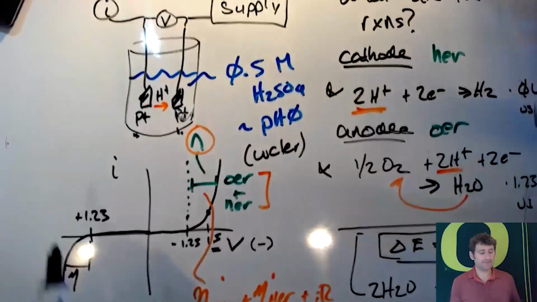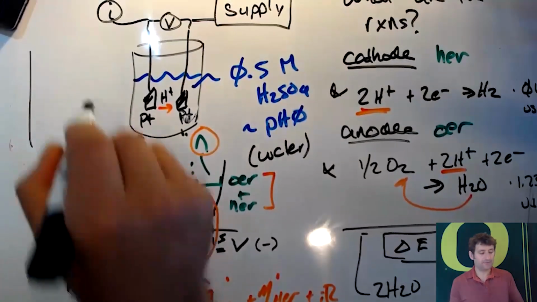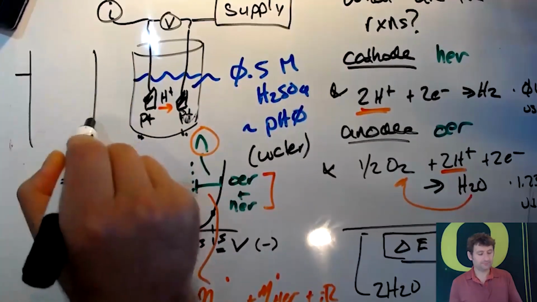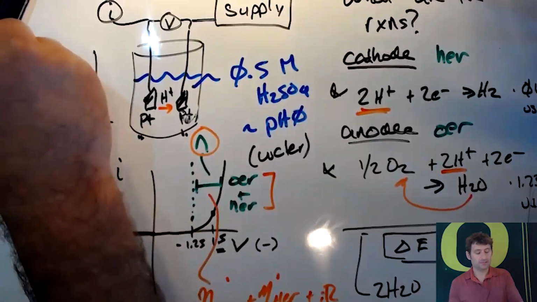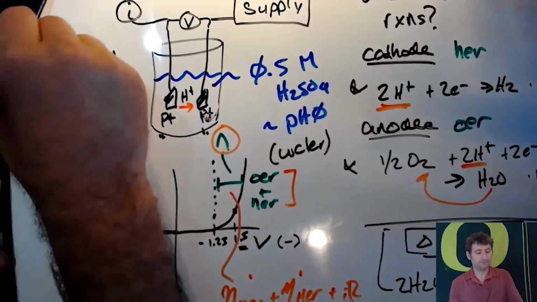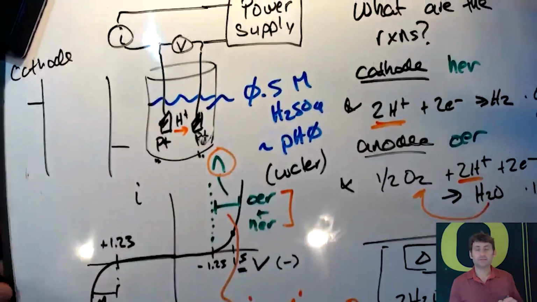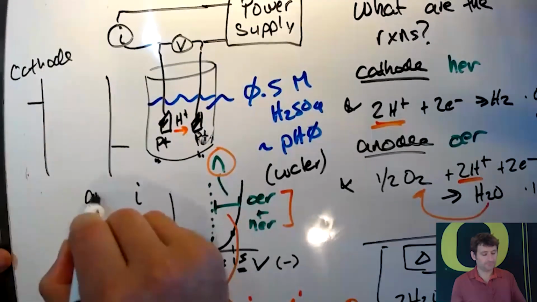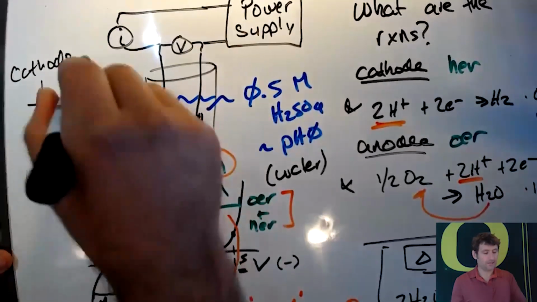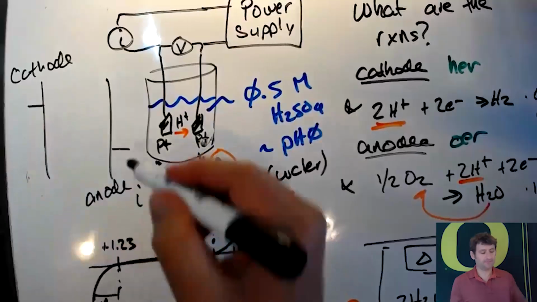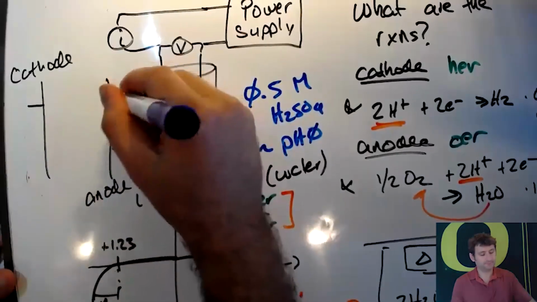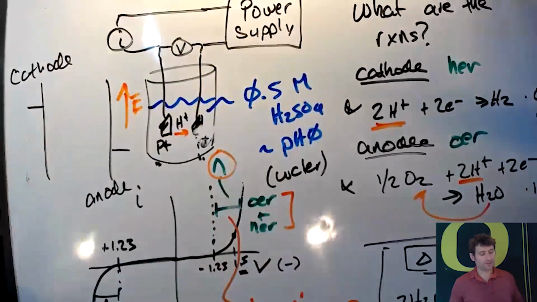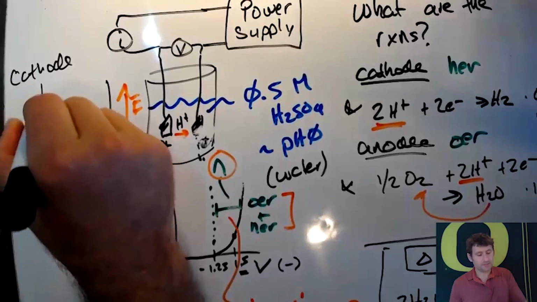So another way to say that, if I have an anode and a cathode, this is the cathode, right? And this is the anode here. And here I've plotted energy up and down, right? This is energy of the electron, right? The cathode's going to do a reduction.